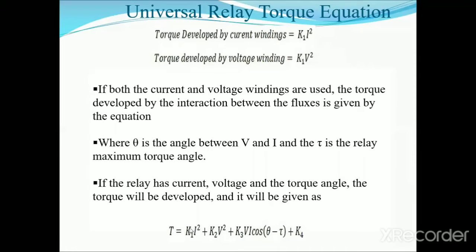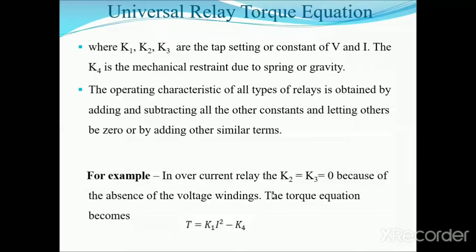Due to the current and voltage, we develop the power term K3 VI cos of theta minus tau, plus K4. In K4 we substitute the minus, that is the spring action. By restraining spring action, we substitute K4 as minus K4.